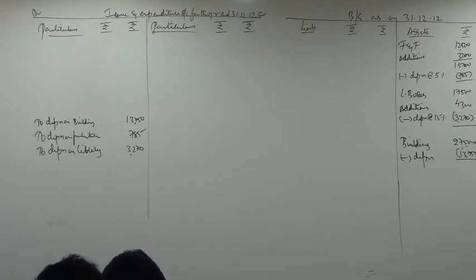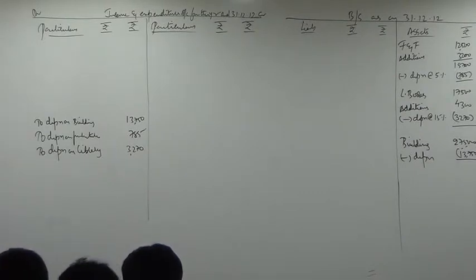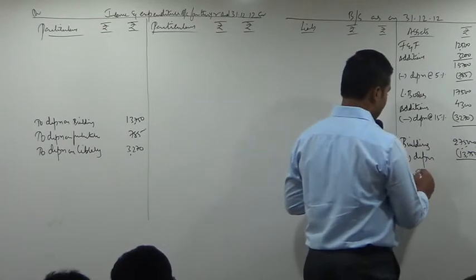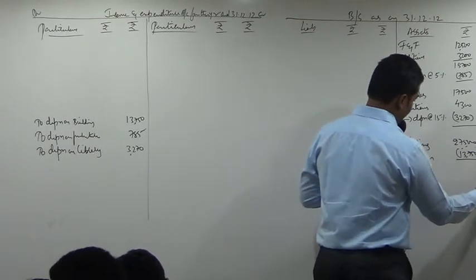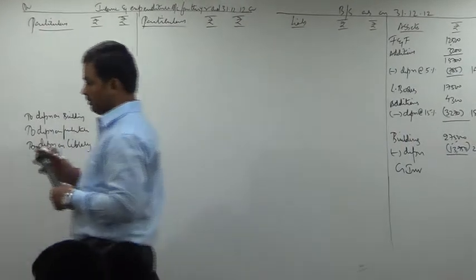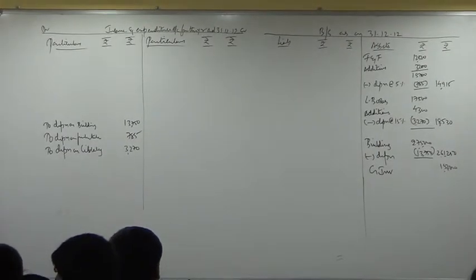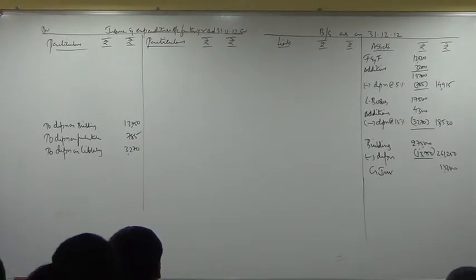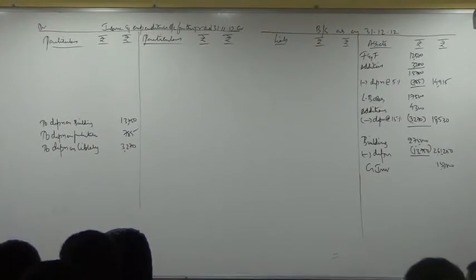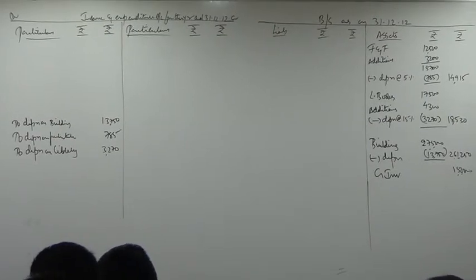General investment 1,50,000. You don't have any other adjustment. General investment 1,50,000. Next.